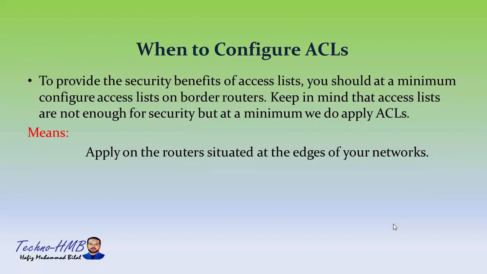To provide the security benefits of access lists, you should at a minimum configure access lists on border routers. Keep in mind that access lists are not enough for security, but at a minimum we should apply access lists, meaning apply them on the routers situated at the edges of your networks.